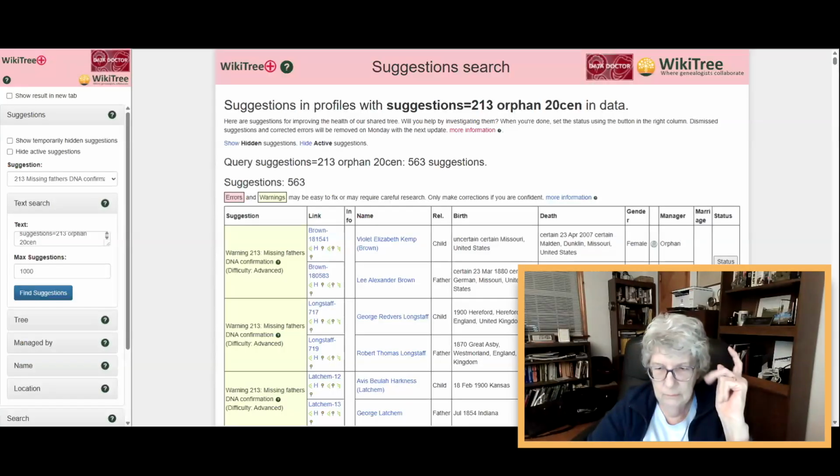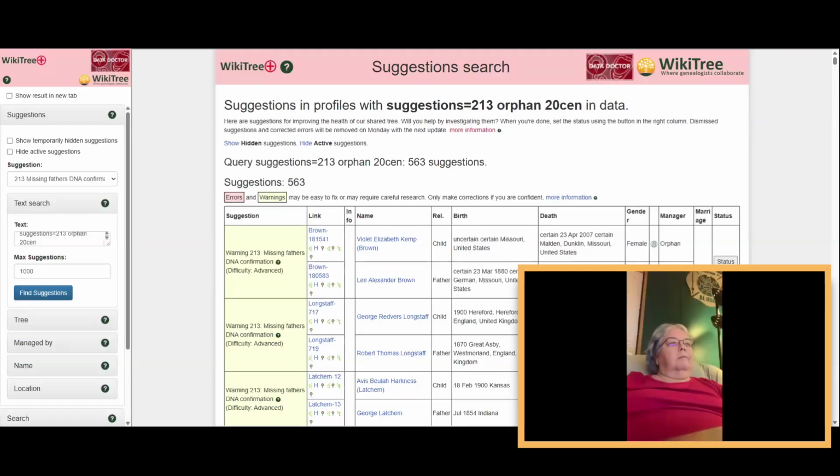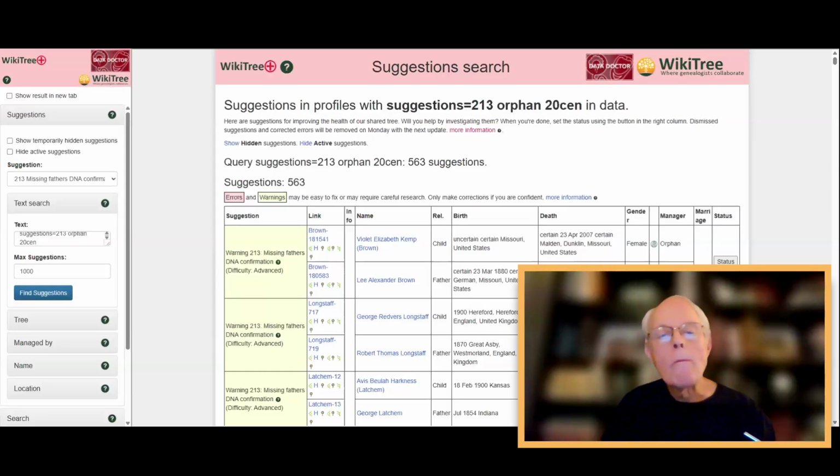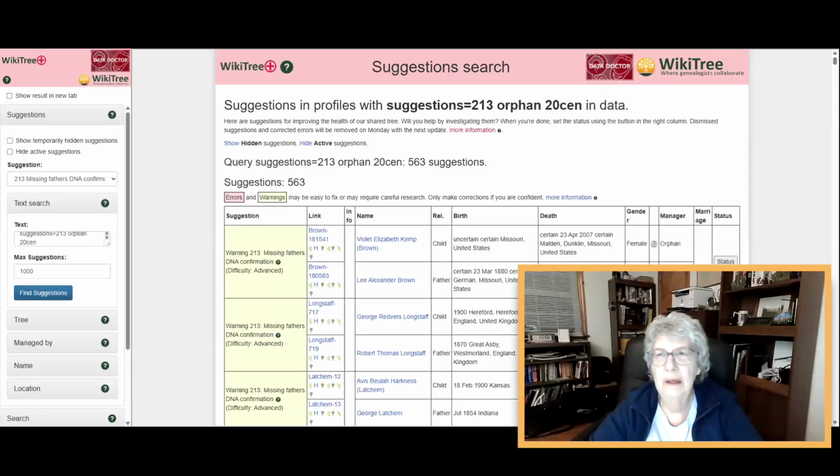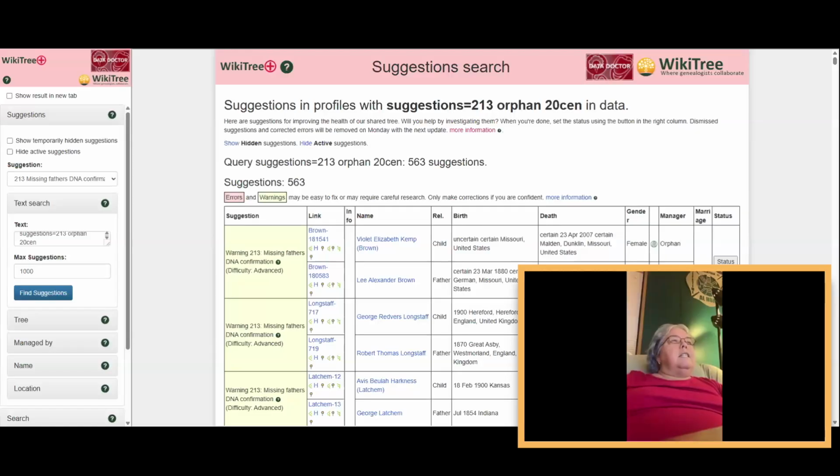Okay, I'm ready. So I need to stop sharing if I can find it. Can you guys see the WikiTree Plus screen? Yeah. This is the suggestions report for suggestion 213, which is the father.